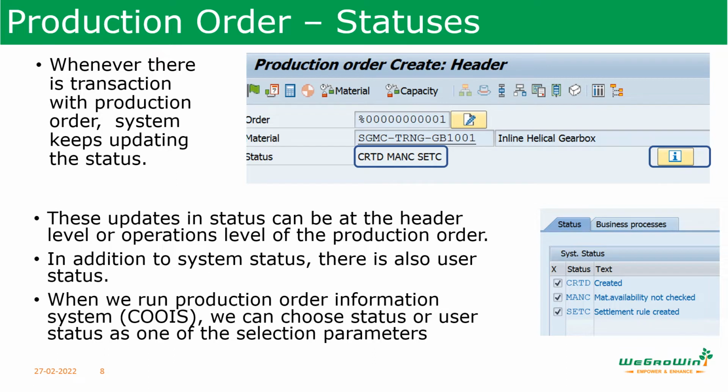In addition to this system status, user specific status also can be created. For example, in some scenarios users will ask, I want these statuses also to be there. That can be configured. So whenever we run any production related reports, we can use the status so that we can see what are all the orders created, what are all the orders released, what are the orders partially completed. Like this we can see various details.